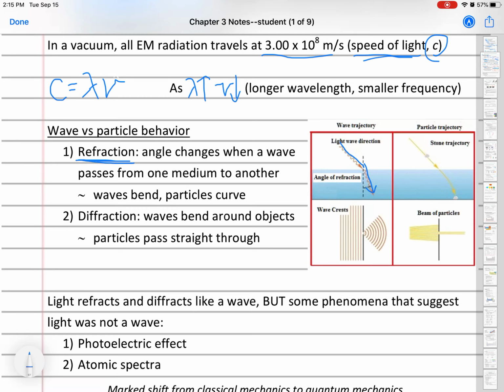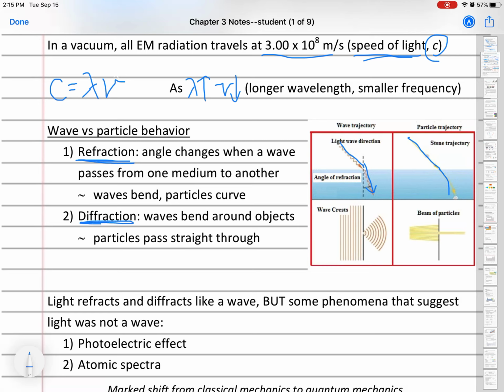Waves bend when they go to a different medium, versus particles, which curve. If you threw a stone or a ball through the air and it hit the water, it would curve. It wouldn't bend on a different trajectory, it would just curve, sort of slowed by that thicker medium.